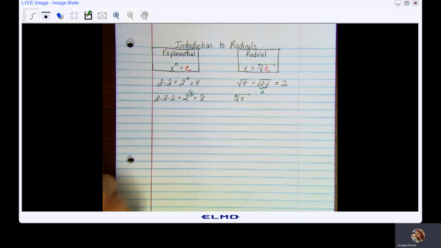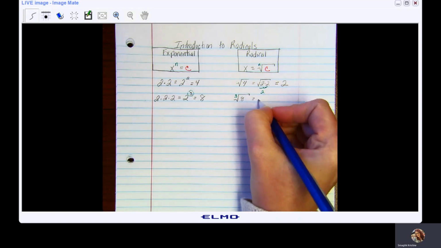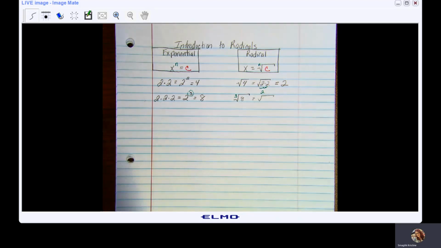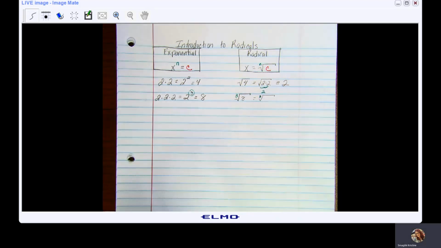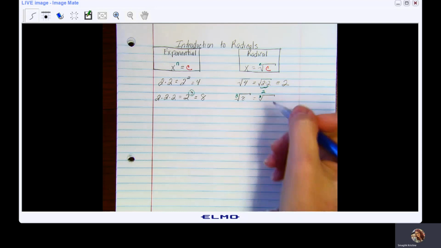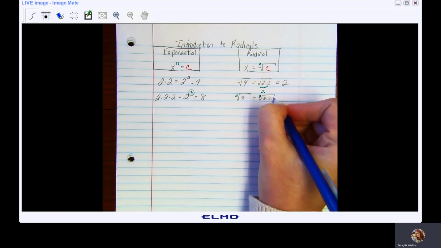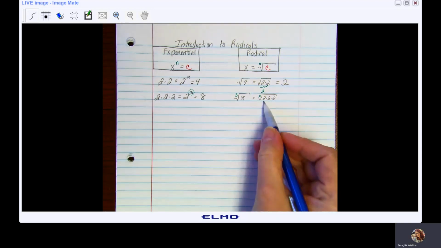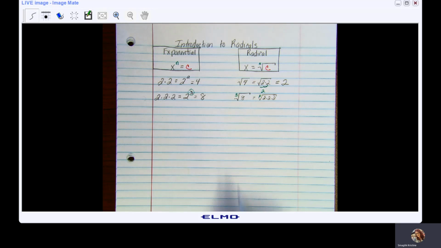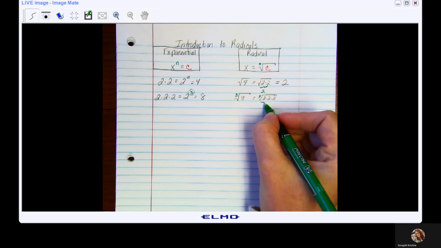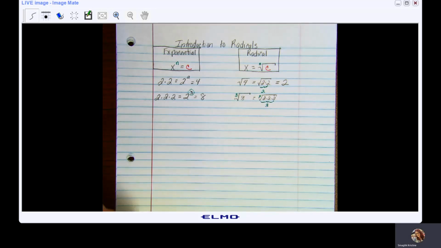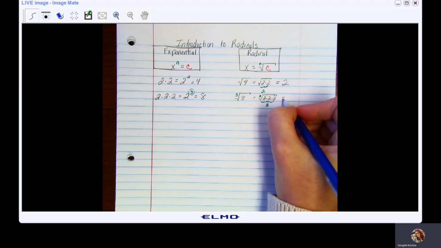And again, if you break down 8, we have the 3 in there as my index. 8 is also 2 times 2 times 2. Now notice 2 appears 3 times as a factor of 8, and we're looking for a root of 3. So it appears 3 times, so that means the cube root of 8 is 2.